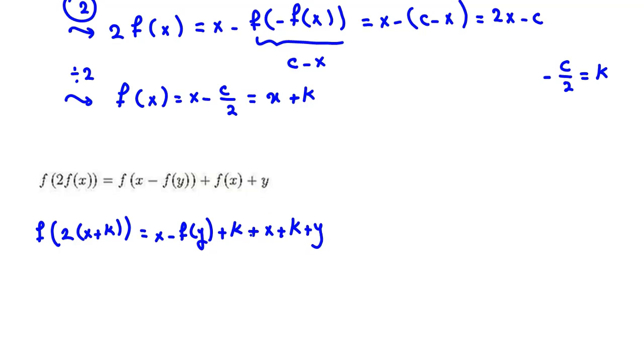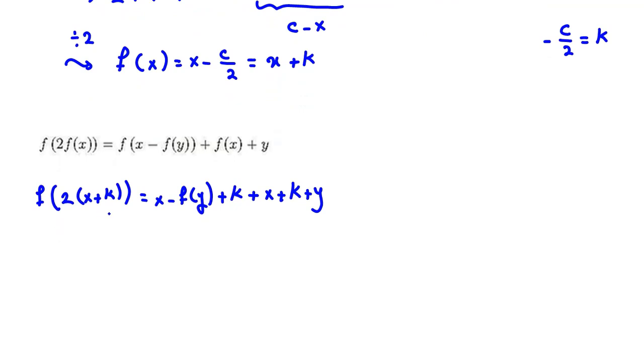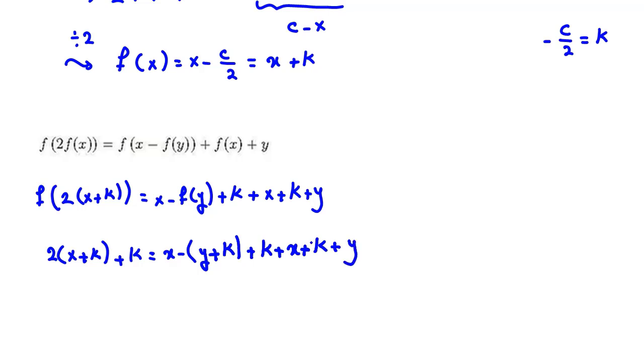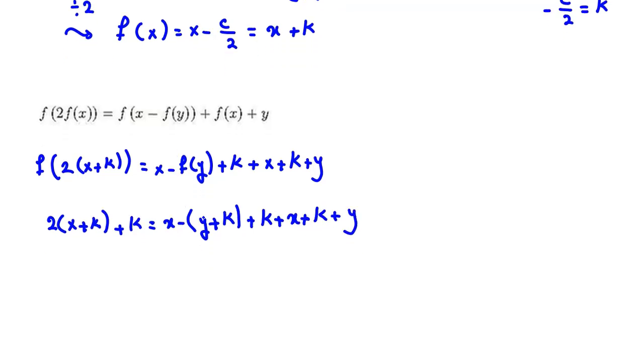So here, if we use this part again, the left side is 2 times x plus k by this definition, plus k, equals x minus, here we can write y plus k, plus x plus k plus y. And let's see how we can simplify.